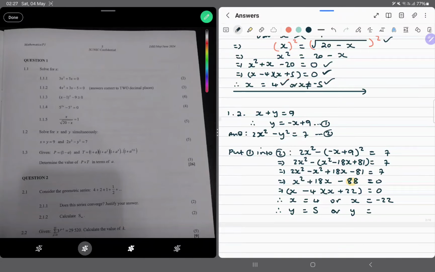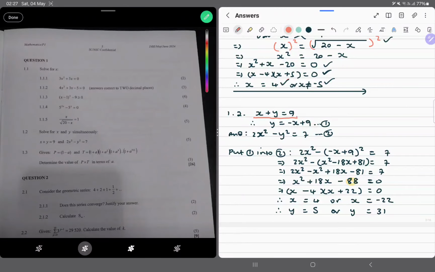Or y is minus into minus 22, that becomes a positive 22. Then 22 plus 9 is 31, right? Yep, 31.